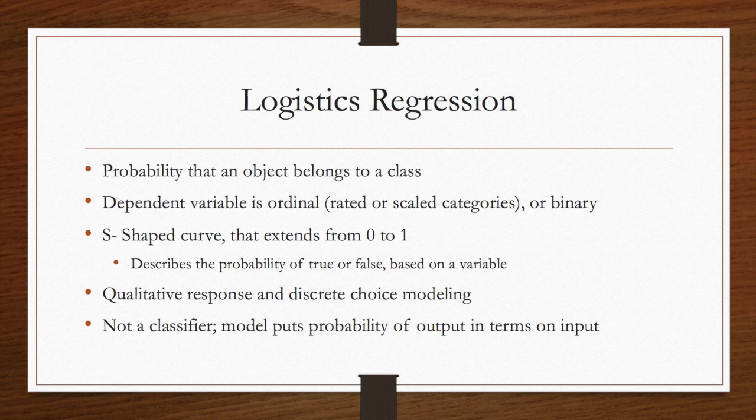It allows one to say that the presence of a risk factor increases the odds of a given outcome by a specific factor. Logistic regression is not a classifier, meaning it does not perform statistical classification. However, the regression simply models the probability of output in terms of input.